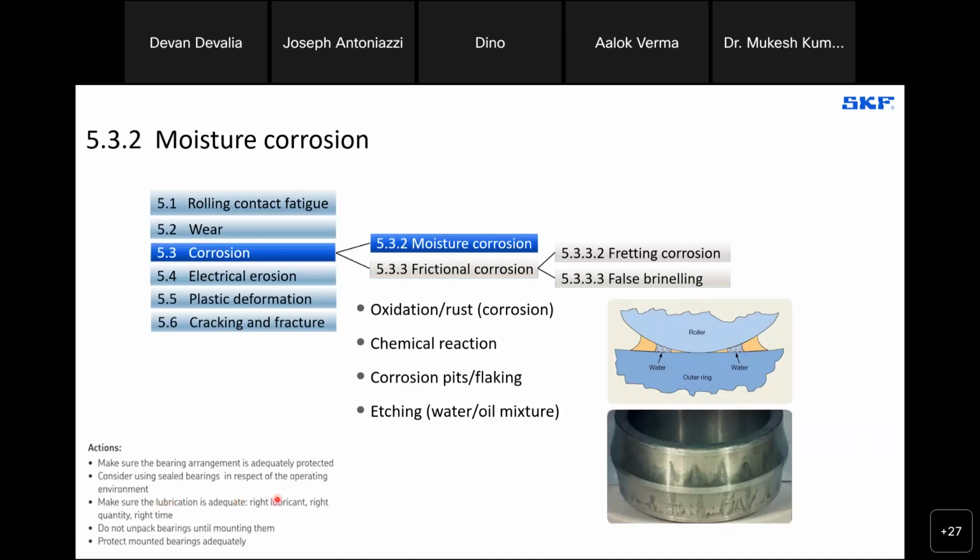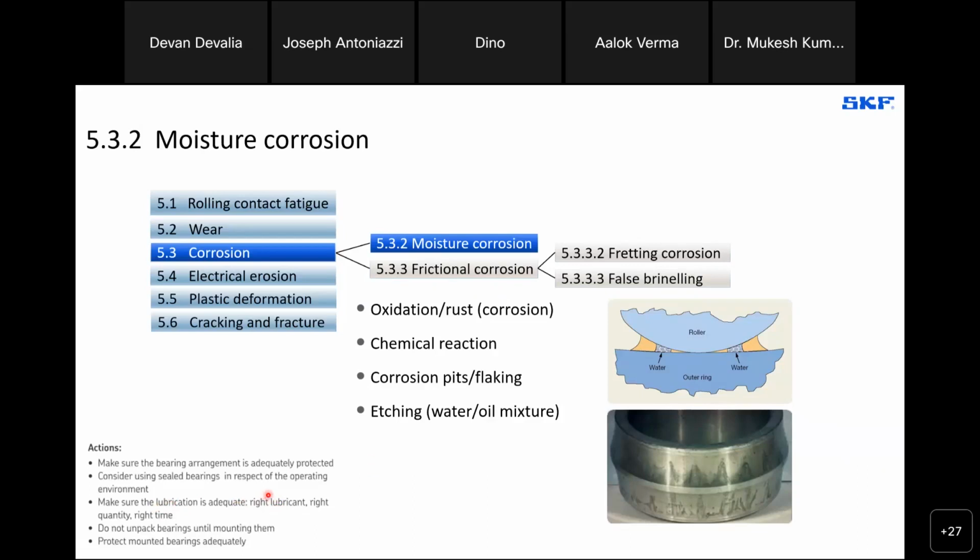In your oil, you might want to use additives that will break up the water. You might circulate it so that you can remove the water. As far as grease, you might want to use a thickener that is better in the presence of water, such as calcium sulfonate.